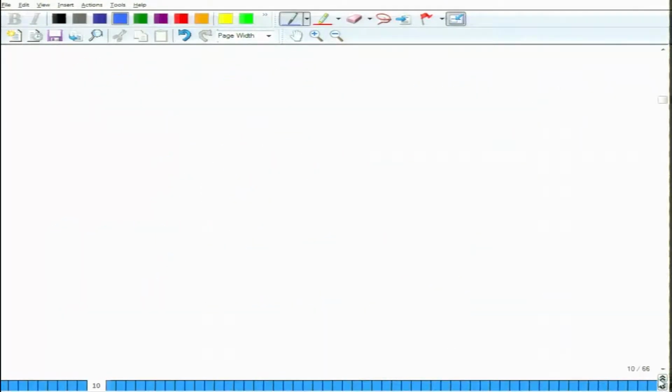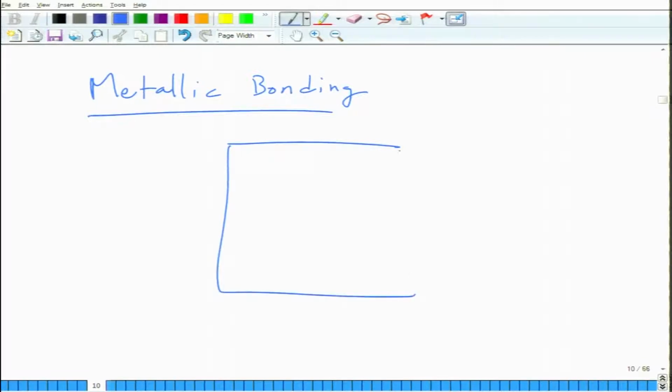Alright, and the third bonding which is there, which is of primary nature, is called metallic bonding, and most metals have this kind of bonding present. In fact all metals are bonded with metallic bonding. So what you have here is basically, suppose this is a volume in which atoms are there.